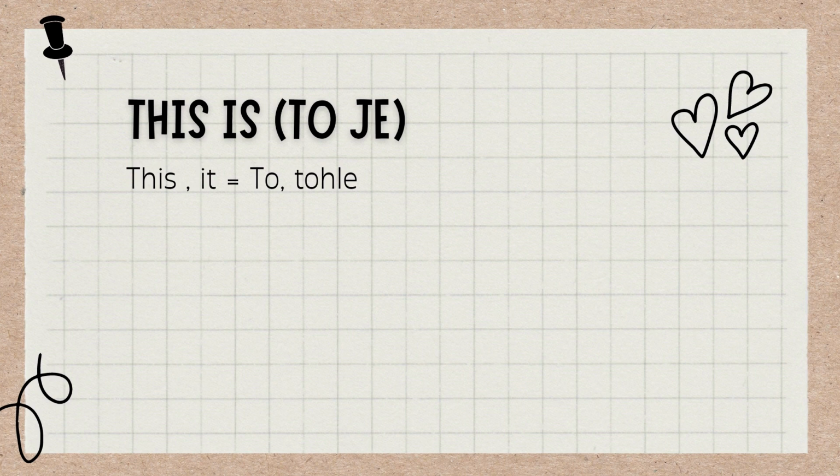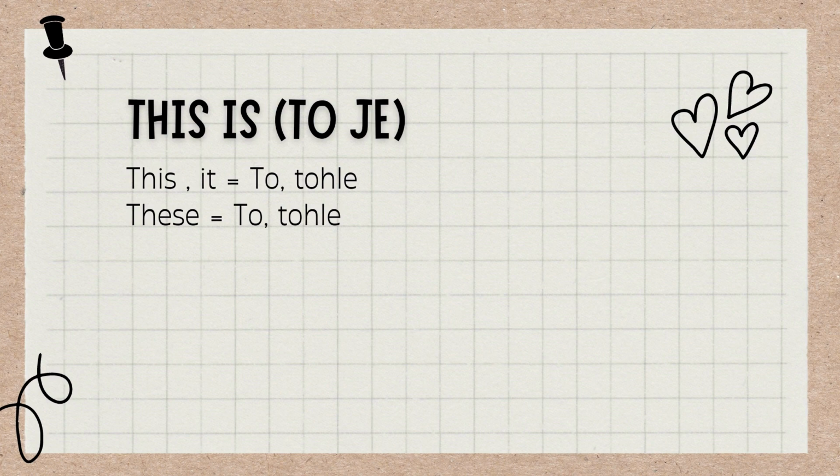This or it is translated to Czech as to or tohle. And guess what? This is as well to. So to and tohle is used for both plural and singular nouns. You can already conjugate the verb to be, so the only thing we need to do is put it together.